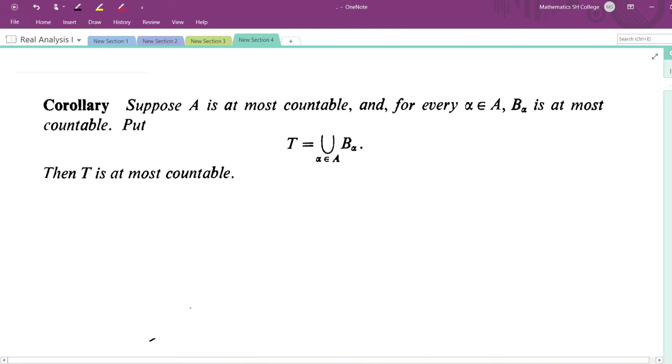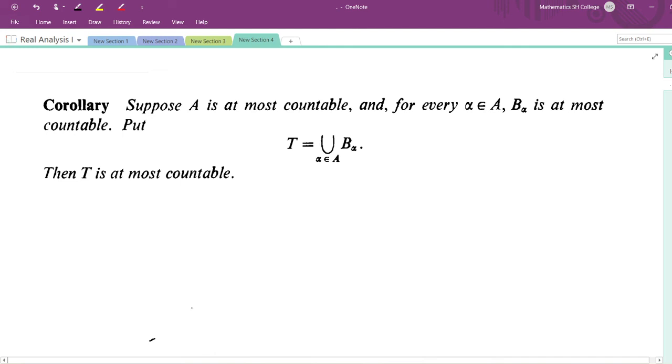Here the set A is at most countable, so it can be finite or countable. Now B alpha is also at most countable, either finite or countable. If it is countable, we have already proved the result. If it is finite, we know the finite union of finite sets will be again finite.